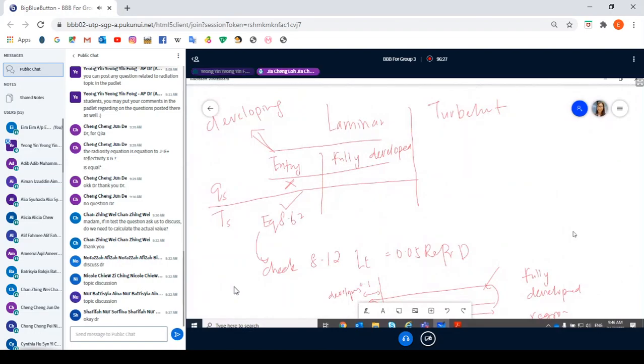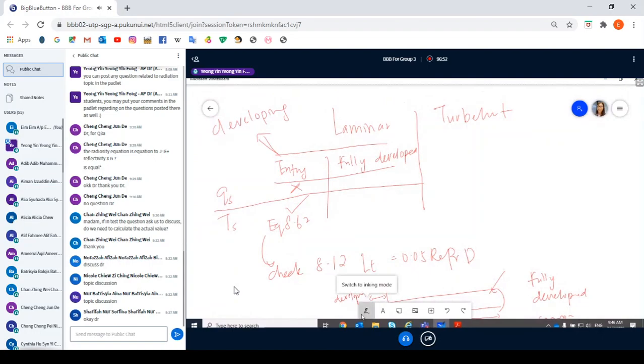So I can check TS constant or QS constant first, then the Reynolds number, then which entry length I should use. Yes. It will be more proper, because some students are already familiarized with it. So you have to check the Reynolds number as the very first step.